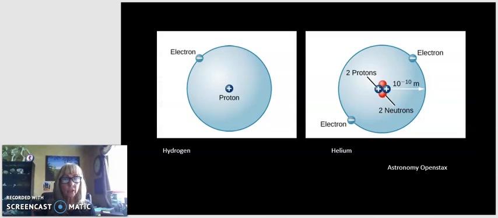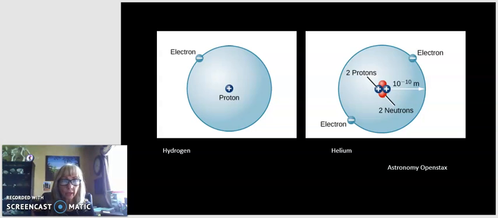Well, for us to understand what's going on, we have to review just a little bit about what's inside of an atom. So the first one there in the picture is a hydrogen atom. So we have a proton in the center, we have an electron that orbits it, hydrogen being the most simple element that we have. One proton, one electron.